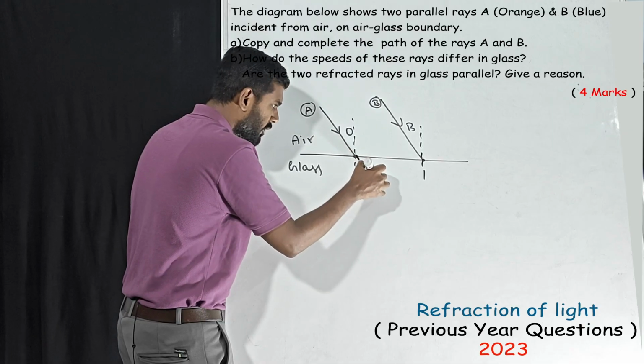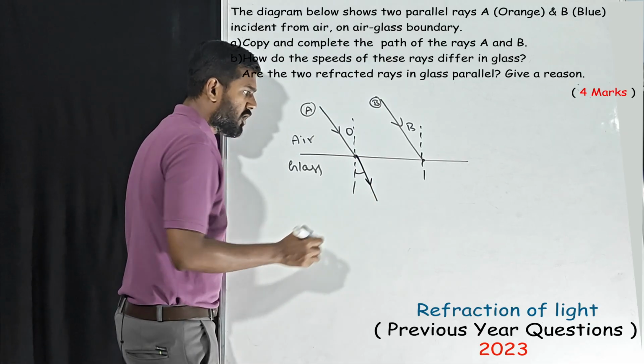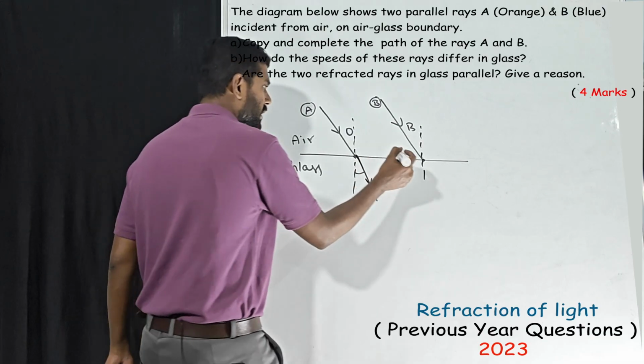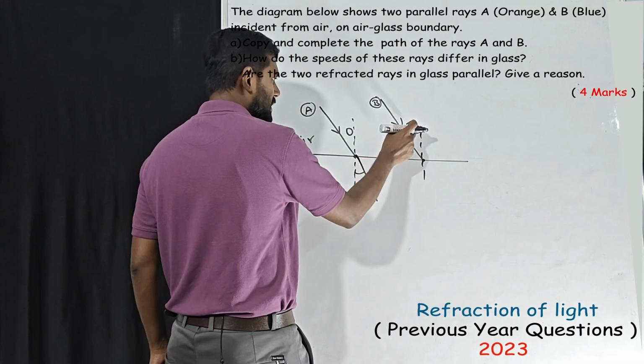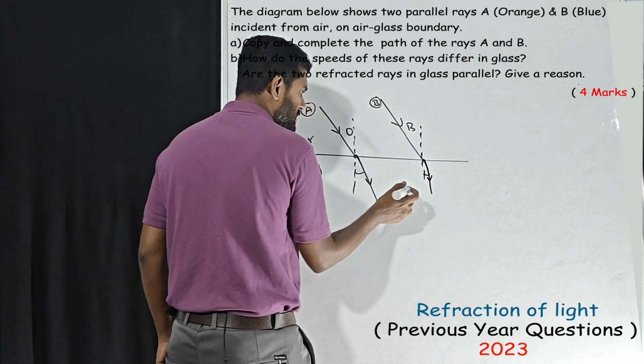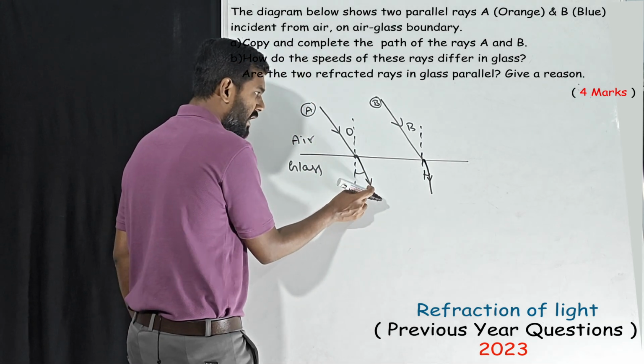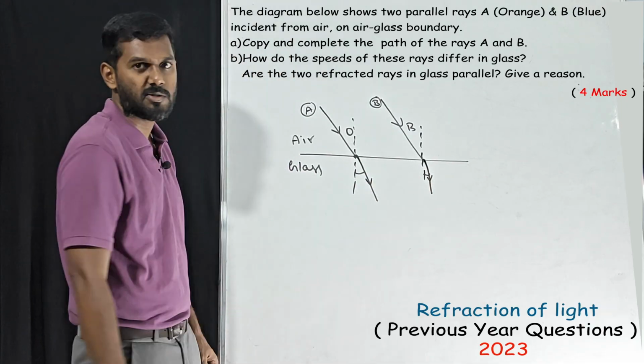Instead of going exactly like this, this will be a little away from the normal. Now here the speed of blue is less, so it moves towards the normal. See this difference. Here we have a big angle, here a small angle. This is very important.